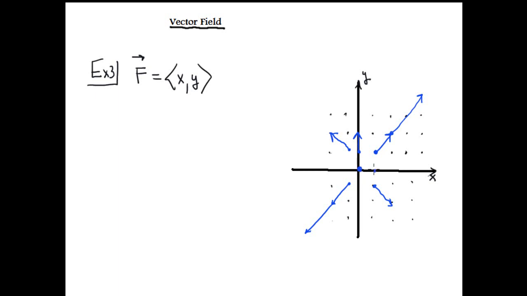Here is 1, 0, a vector like that. Now here is exactly the same, and here it points down. It's completely radial. This is the point 1, 2, 1 in x and 2 in y.